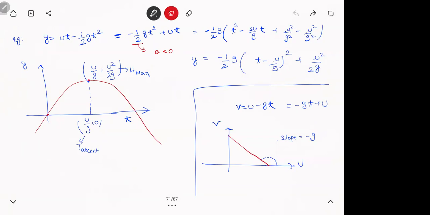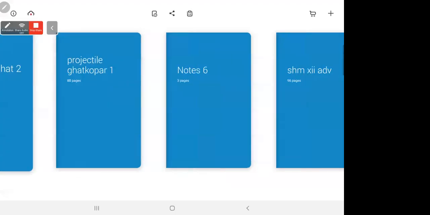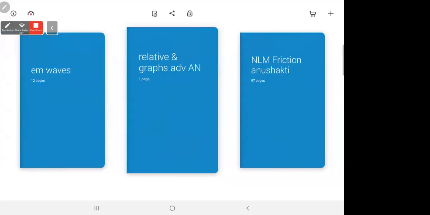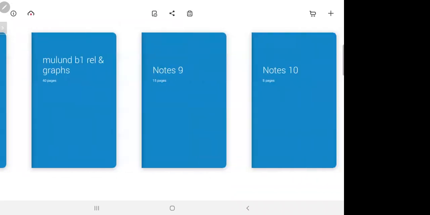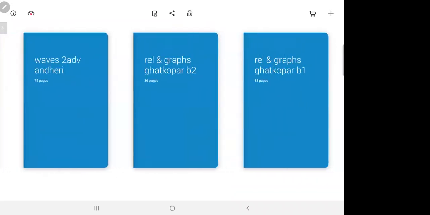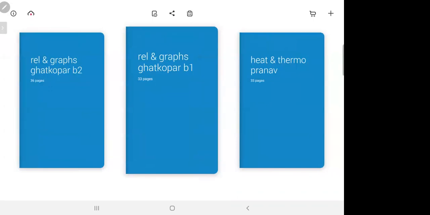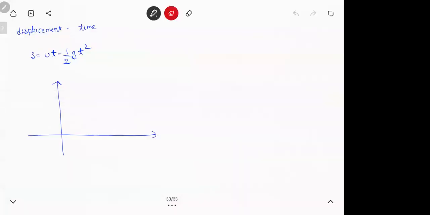We have drawn this thing there. I showed you how it looks, y minus h into h minus k whole square. So the graph looks like this, meaning if you let it go, it will be an inverted parabola like this.